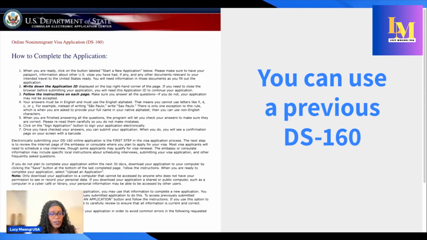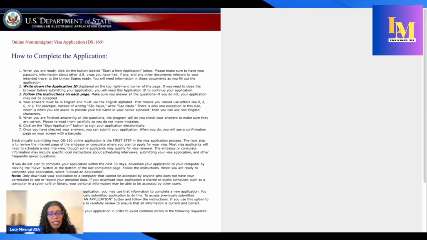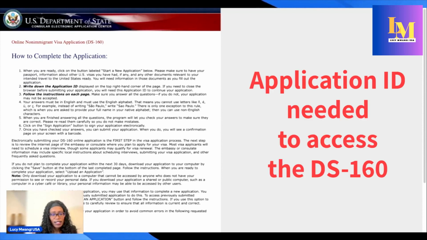If you have previously submitted a DS-160 application, you may use that information to complete a new application. I know somebody asked me on TikTok the other day, so here's the answer. You will need the application ID that I talked about from your previously submitted application to do this.